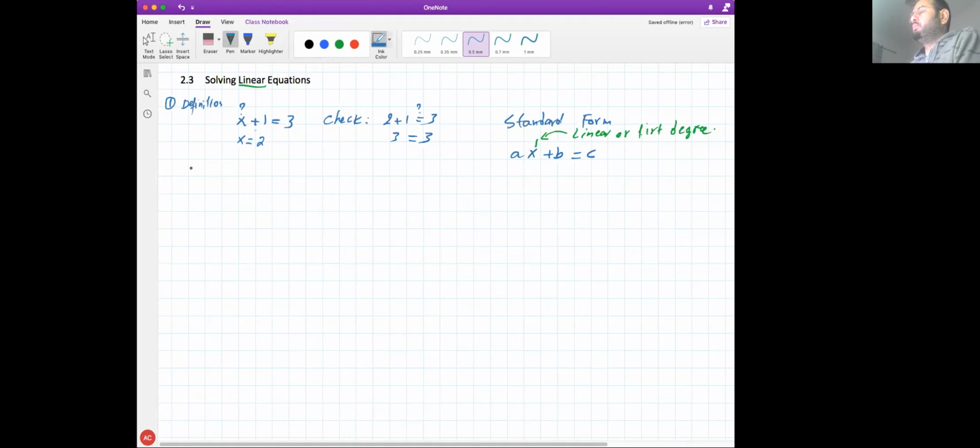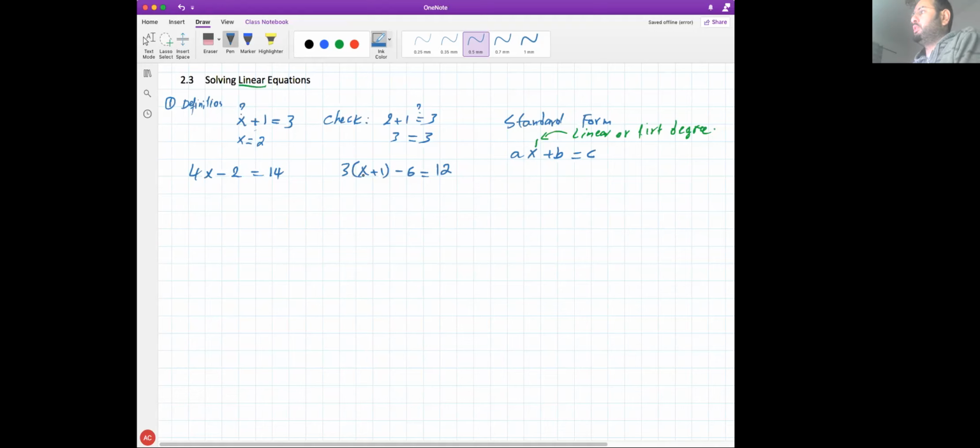So it could be basically as simple as this, or maybe longer. Might be longer with, for example, more variables, maybe even parentheses and so on. For example, this, or maybe something like this, or with parentheses like x plus 1 minus 6, for example, equals 12, and so on.